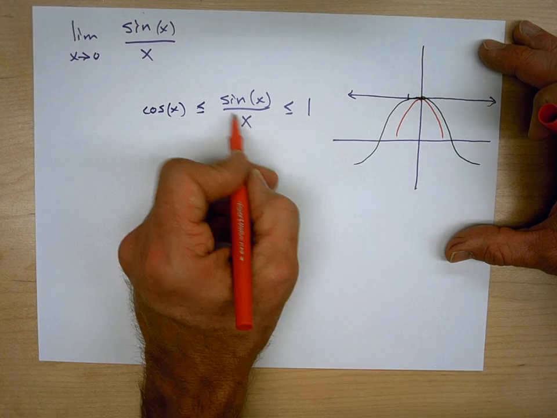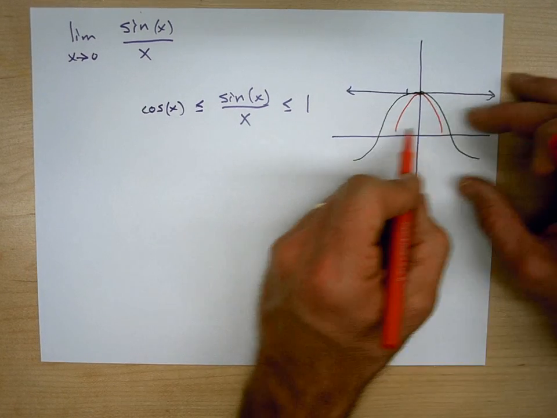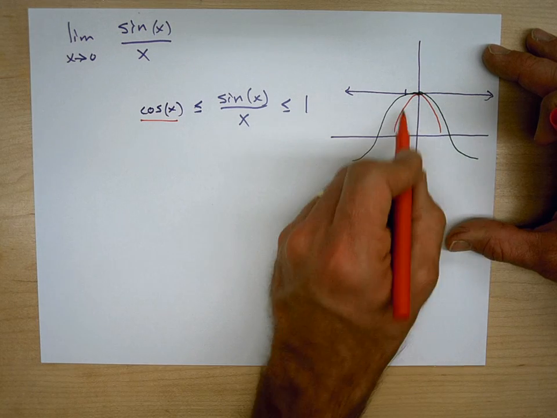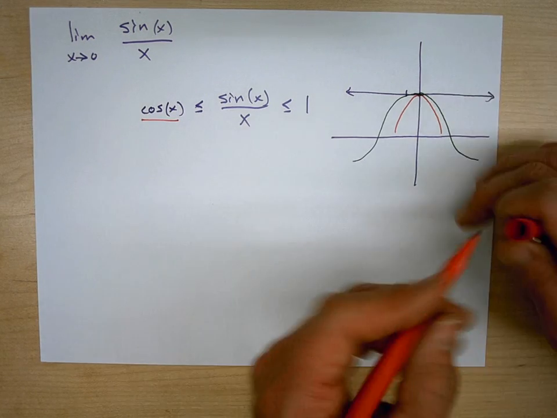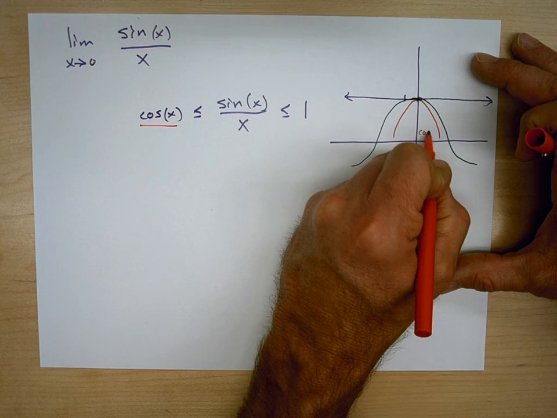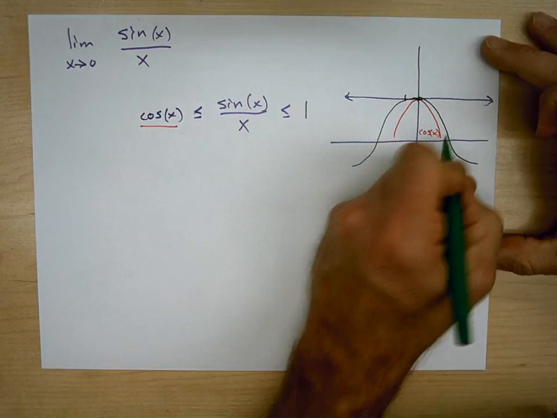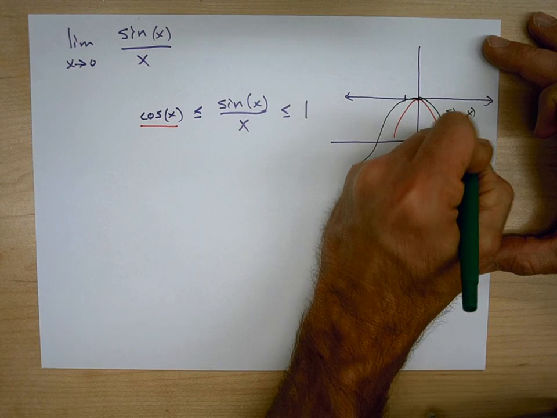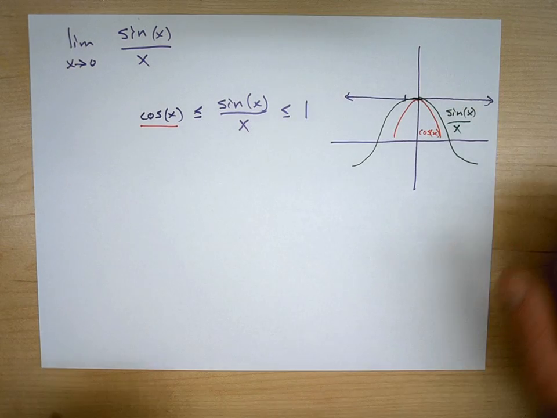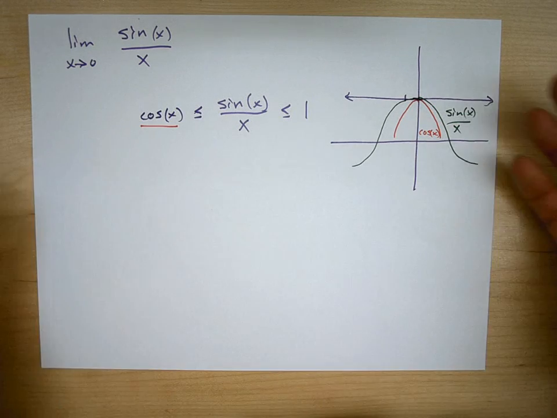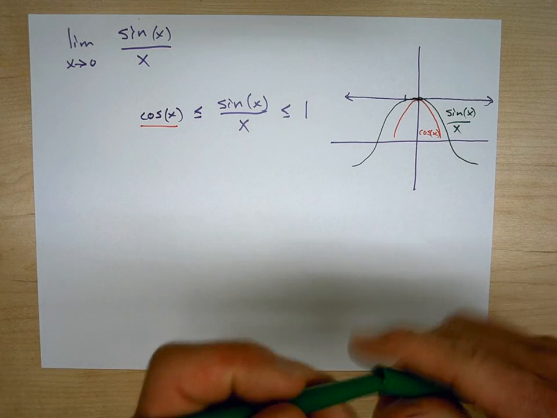This dividing by x near 0 kind of spreads it out a little bit. So here's your cosine, and then there's 1. So I'll label this: this is cosine of x, and then the green one is sine of x over x. Again, we haven't proven this, but I'm just going to tell you that it's true and that it can be shown, and then we're going to apply the squeeze theorem.